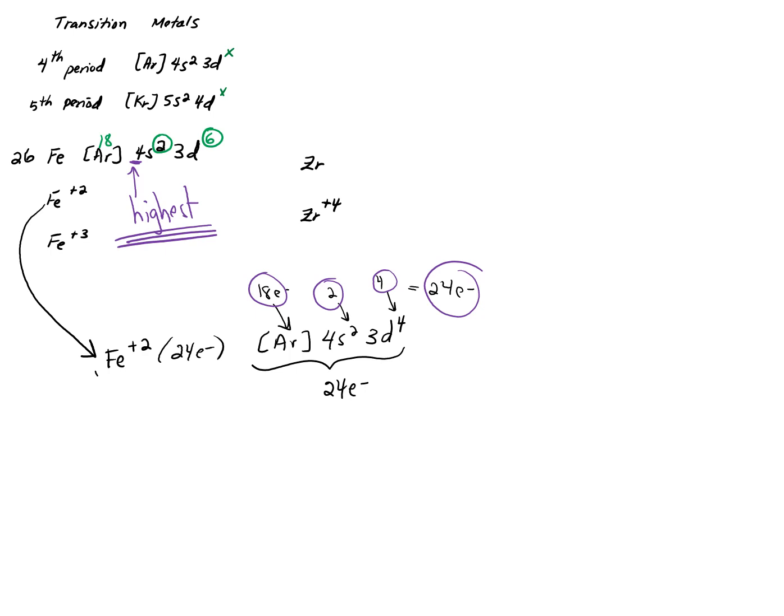So when iron is losing 2 electrons to become iron plus 2, the 2 electrons that iron is losing are the electrons in your fourth energy level, which is the highest one.